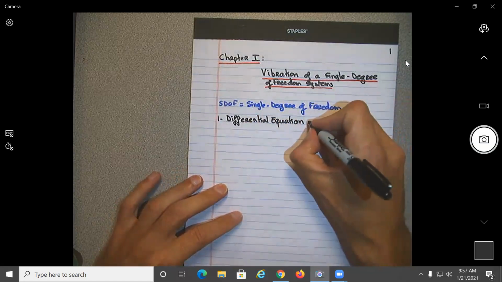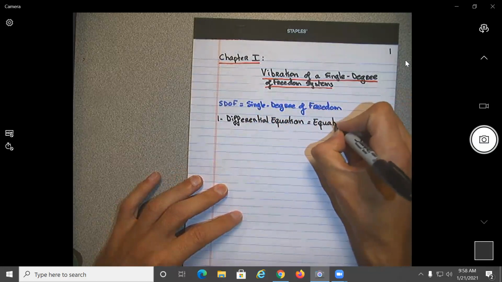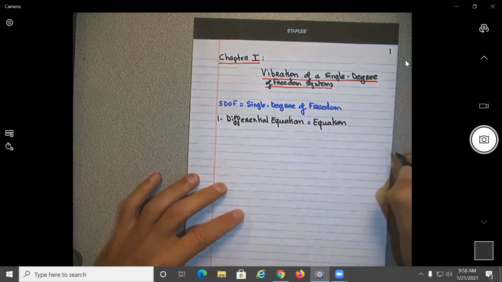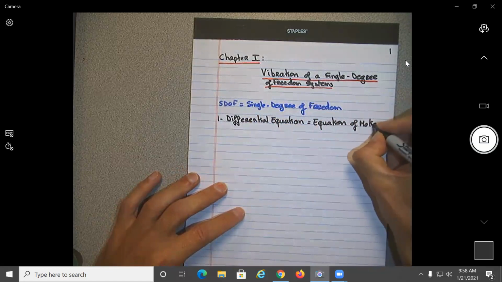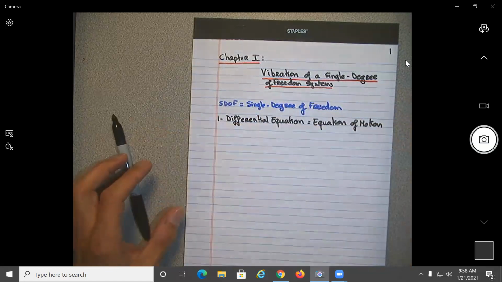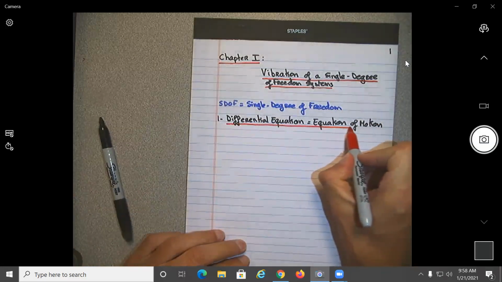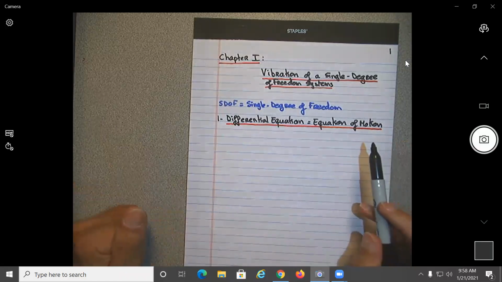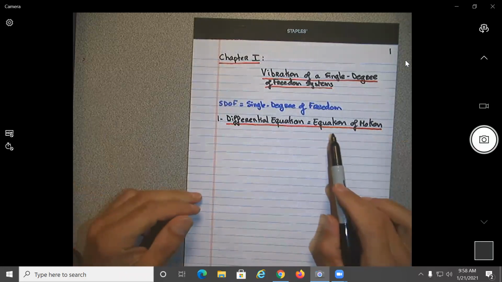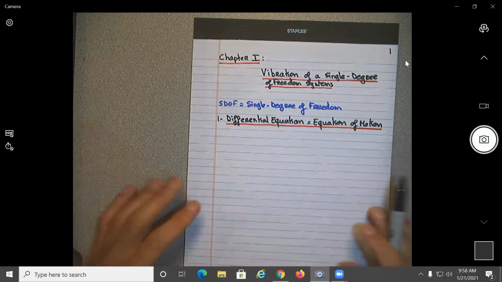But basically, this should be equivalent to what I'll more commonly refer to as the equation of motion. That is a differential equation. So what I want to emphasize is that the equation of motion is a differential equation.